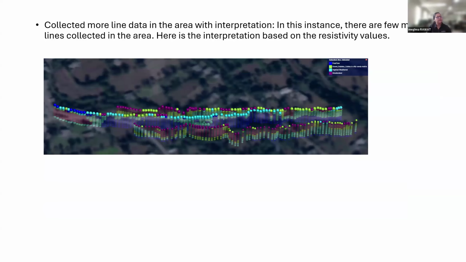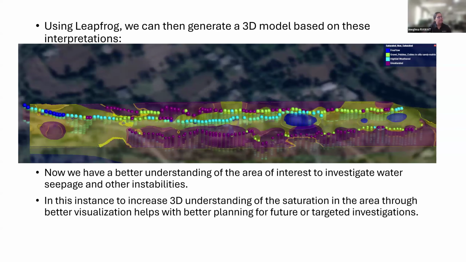A few more ERT lines were proposed parallel to the tunnel alignment and also along the tunnel, parallel to each other along the alignment. A good amount of data was available, and using LeapFrog, we can generate a 3D model based on these interpretations, something like this.